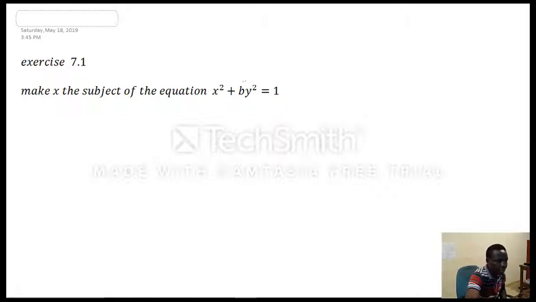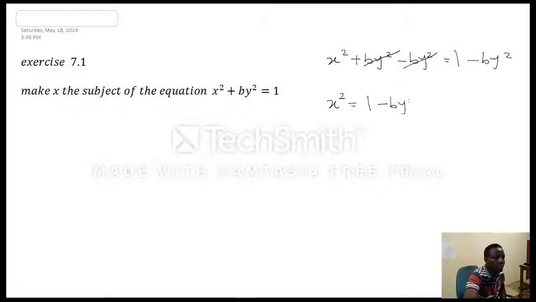Take by squared to the other side of the equation, and we'll have x squared plus by squared minus by squared is equal to 1 minus by squared minus by squared plus by squared is 0, leaving us with x squared is equal to 1 minus by squared.